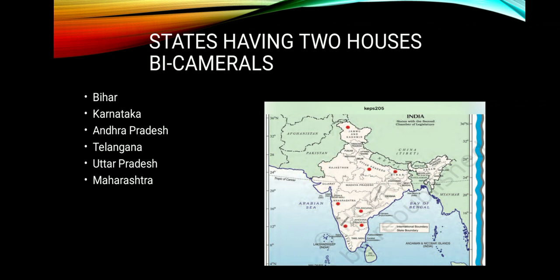So you see well that these states are very large, and that is why there is need of two houses in these states. States like Goa, Haryana, etc., because these states are small, have no two house provision.